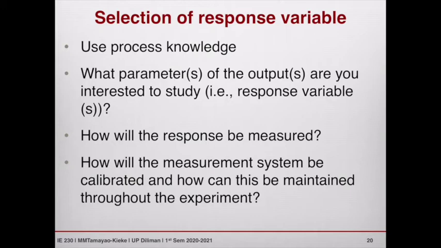Of course, it is not unusual to have several response variables. Next, we could ask how will the response be measured, and how will the measurement system be calibrated, and how can this be maintained throughout the experiment. We want to make sure that we minimize that variability that comes from our system of measurement.